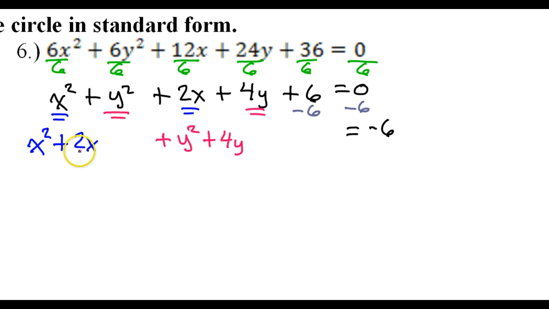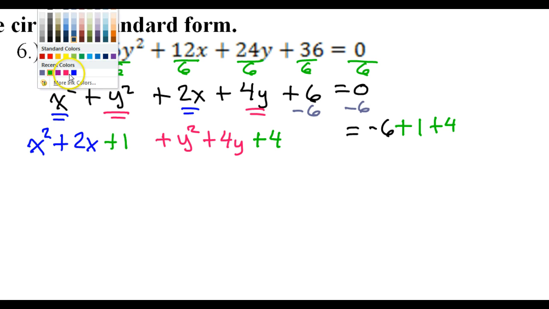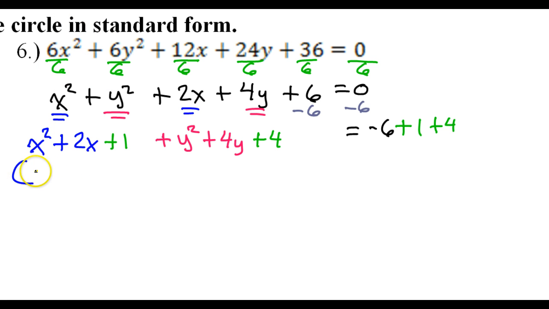Okay, now, time to complete the square. Half the middle squared. Half of this is 1. 1 squared is 1. Don't forget to add it to the other side as well. Now look at the y's. Half of 4 is 2. 2 squared is 4. Don't forget to add that to the other side as well. So these will factor as x plus 1 times x plus 1.